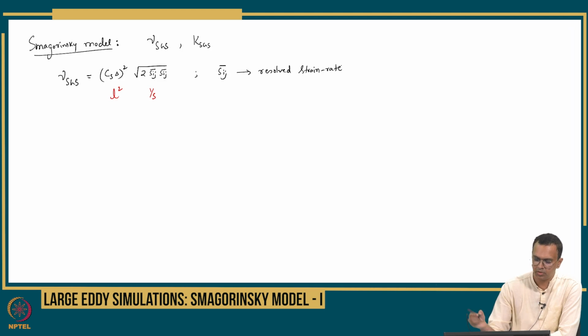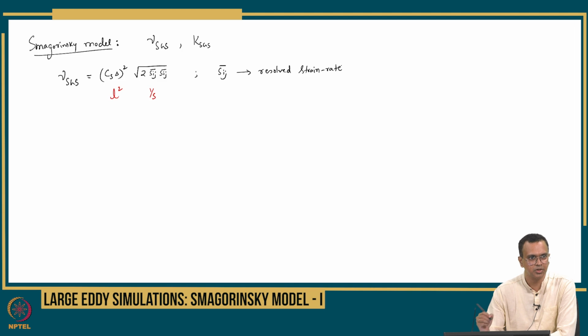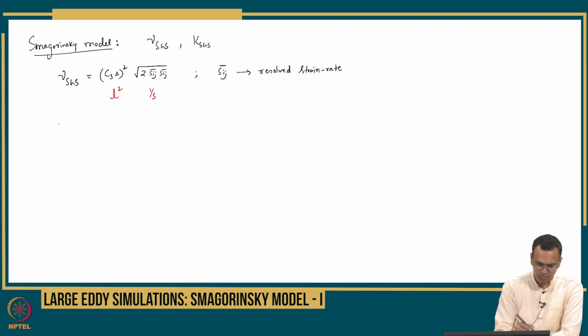That means something you are computing for, and this goes large close to the wall. But nu SGS should account for only SGS fluctuations, not for all the turbulent fluctuations. Therefore, some kind of damping or wall correction is required, right?